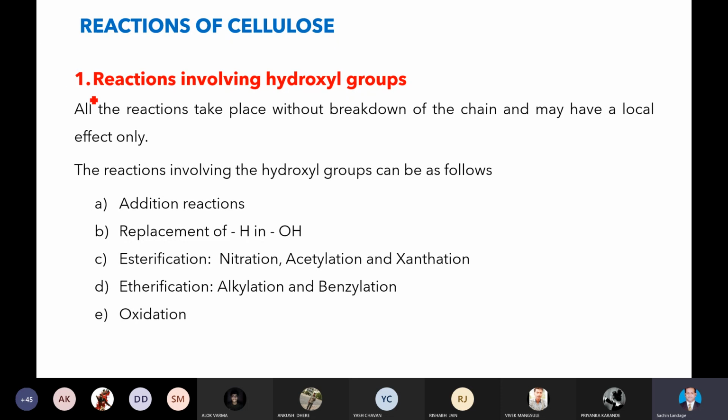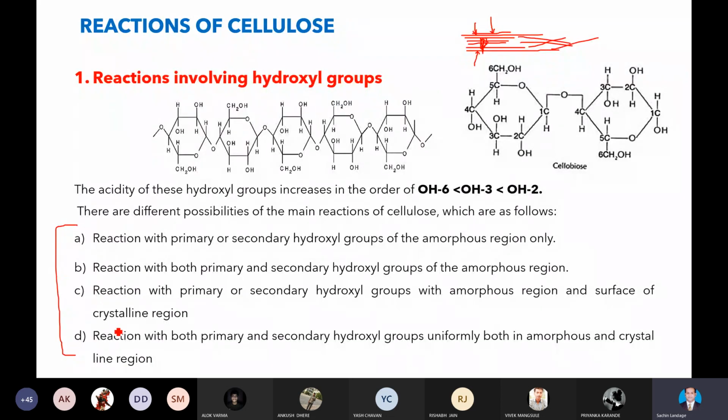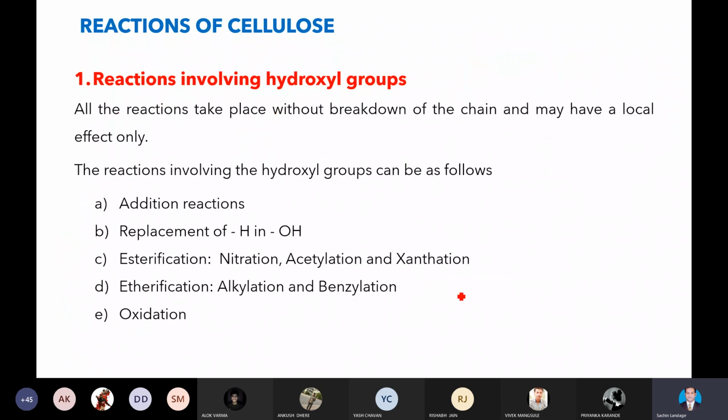So all the reactions take place without breaking the chain, and may have a local effect only. So whenever you are talking about reactions involving the hydroxyl groups, whatever these four possibilities I told you: primary or secondary of amorphous, primary and secondary of amorphous, primary or secondary of amorphous and the surface of the crystalline, primary and secondary of amorphous and the crystalline region.